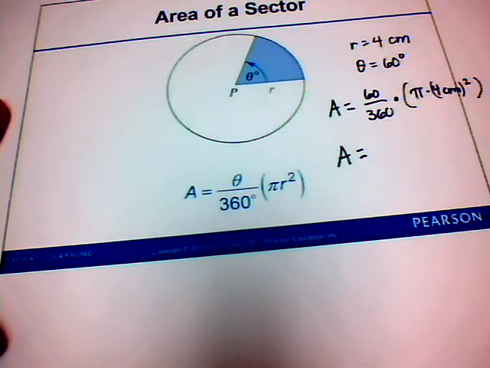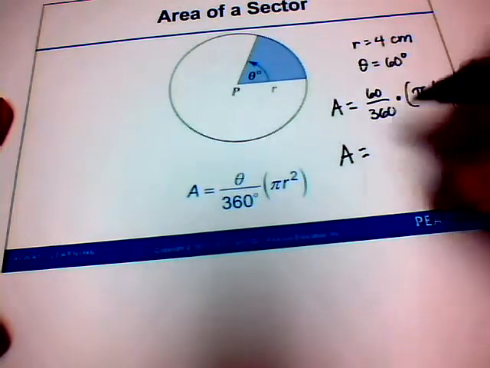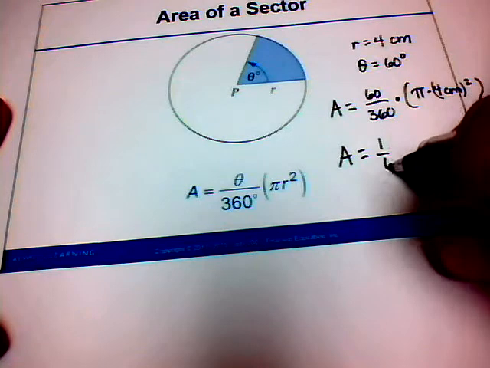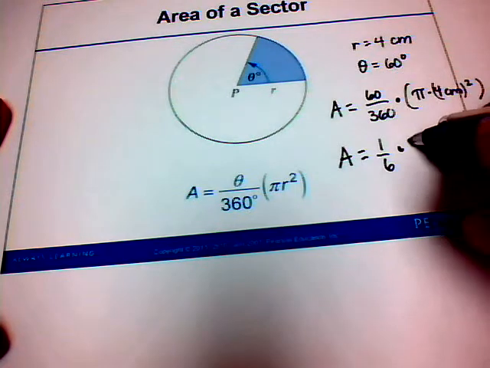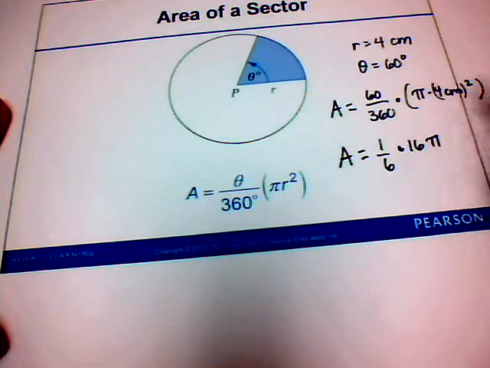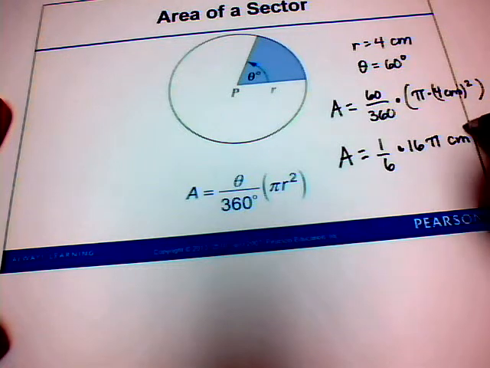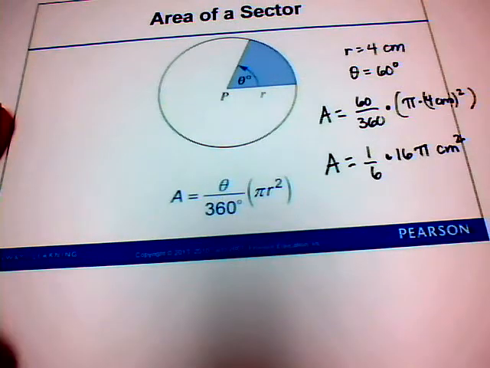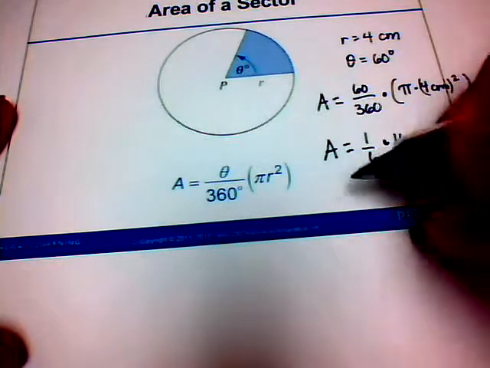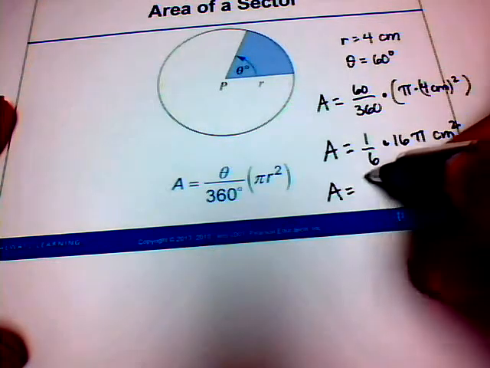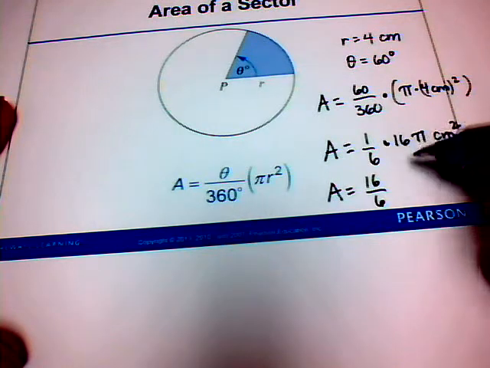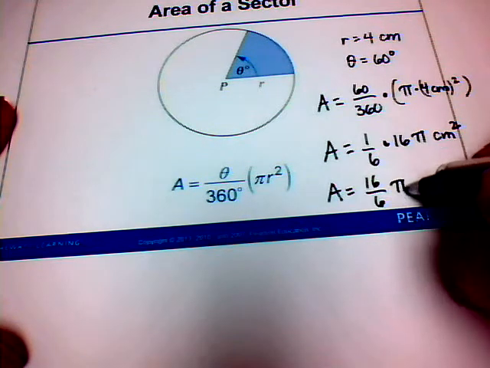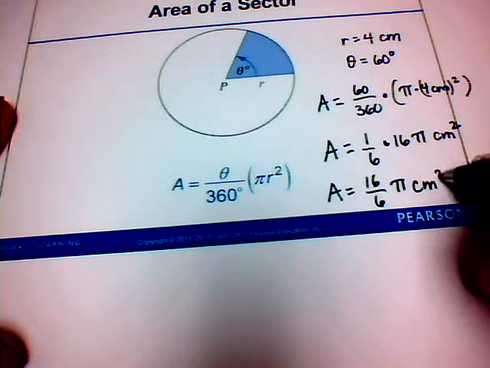Okay, now let's simplify this a bit. I can reduce 60 over 360 to 1/6, times 4 squared, which is 16. So that's 16, bring over the pi, and this is going to be square centimeters. So this is going to be 16 over 6, because 1/6 times 16 over 1 is 16 over 6 pi square centimeters.